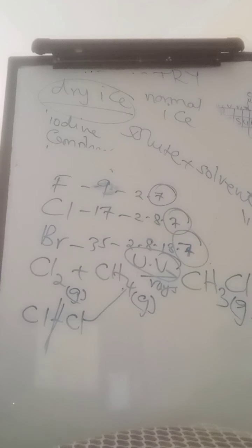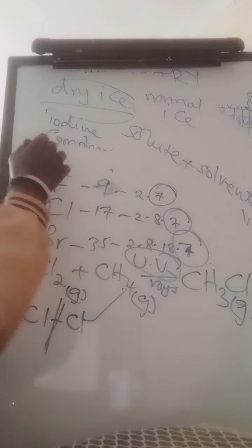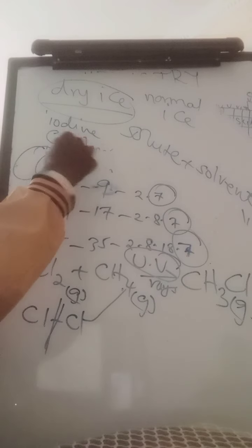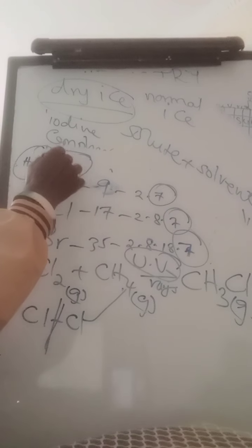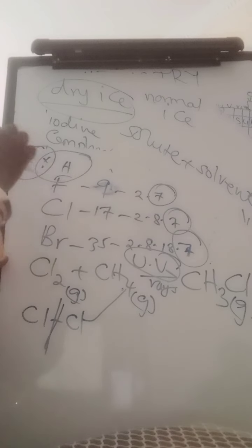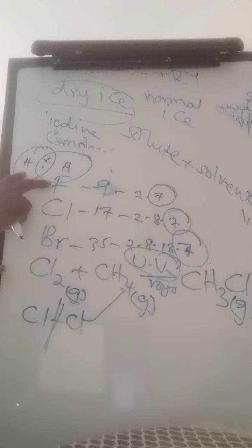So the attraction between the shared pair of electrons, isn't it? Now if you talk about a covalent bond, isn't it? We are tentatively referring to, let's say even H2. A covalent bond, you have said, a bond between two atoms of nonmetals. There is equal sharing of electrons.